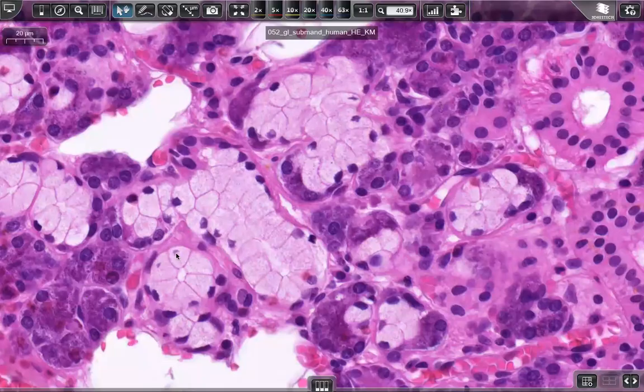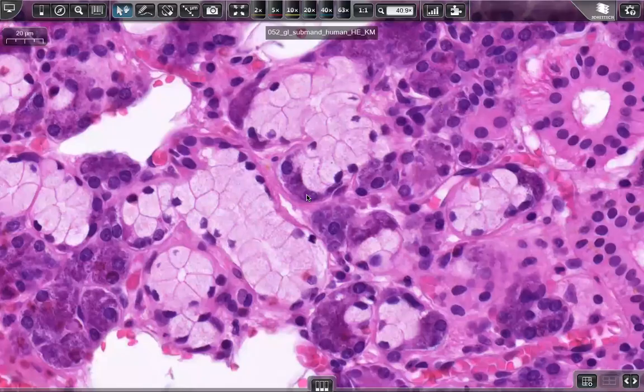They are darkly stained. In the mucous acini, nuclei are pushed to the bottom by the foamy cytoplasm. Just over the mucous acini, we can find some demilunes. They are the Giannuzzi demilunes.